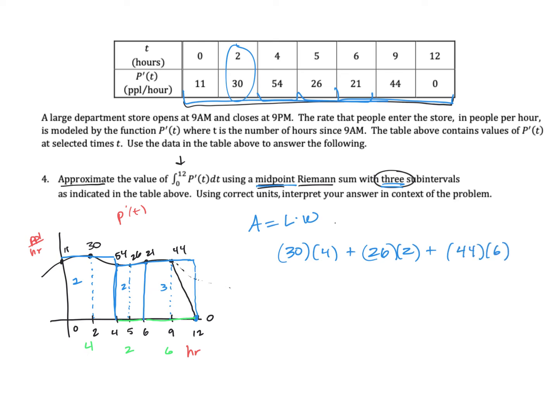That is the area of these 3 rectangles all together, which approximates the area under the curve. When you calculate that all up, you get 438.